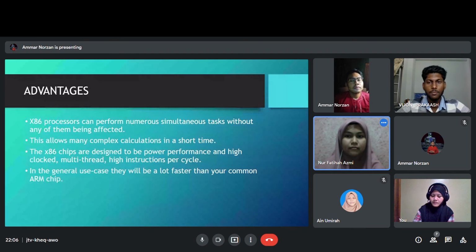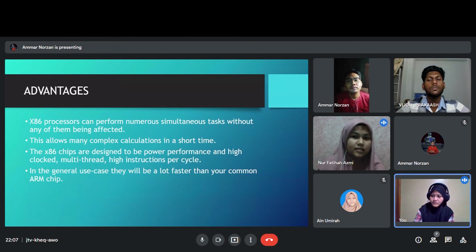This makes them very sophisticated and advanced processors, allowing many complex calculations in a short time. The X86 chips are designed for high power performance, high clocked, multi-thread, high instructions per cycle. In the general use case, they will be a lot faster than your common ARM chip.